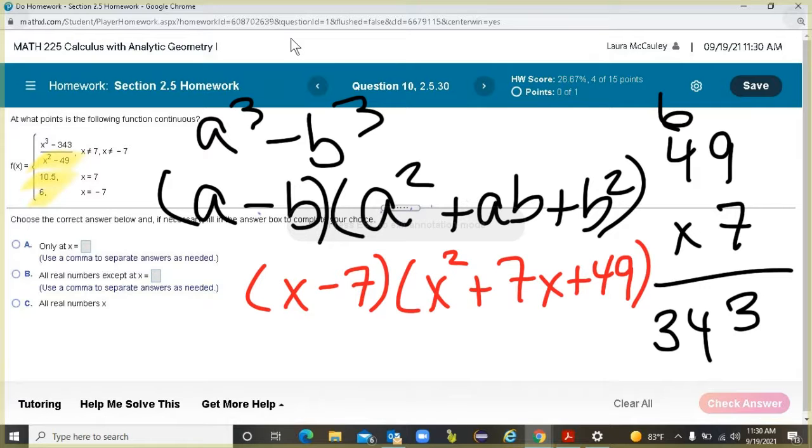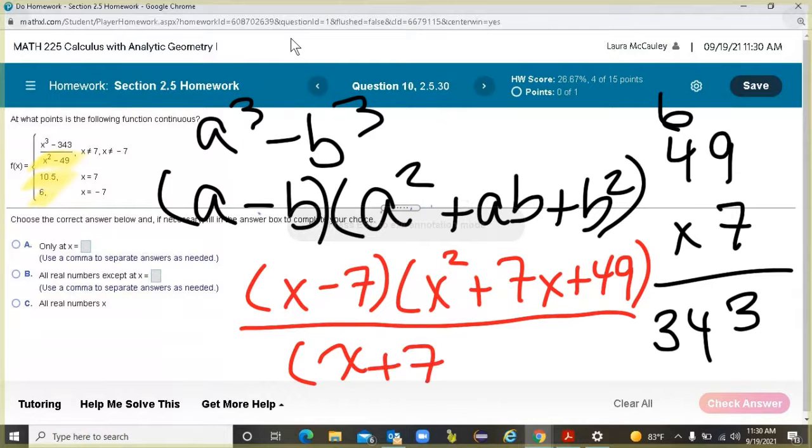So this is how this one factors. You can check it if you want. And then we're going to divide that by, we already factored that bottom, it was x plus 7, x minus 7.